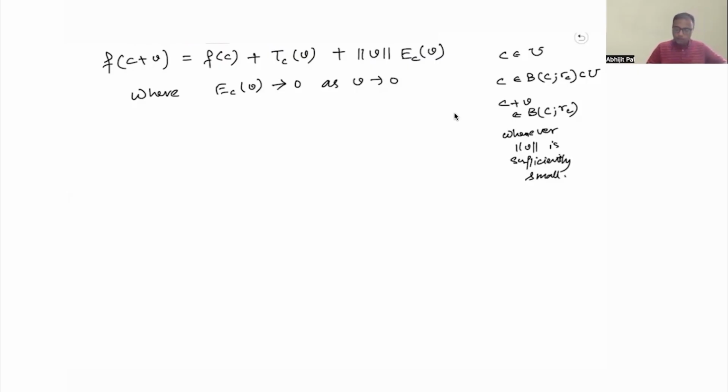Okay, so again note that the c belongs to your U, which is a subset of Rn, and b also again belongs to your U, it is in Rn. And f of c plus b belongs to Rm.